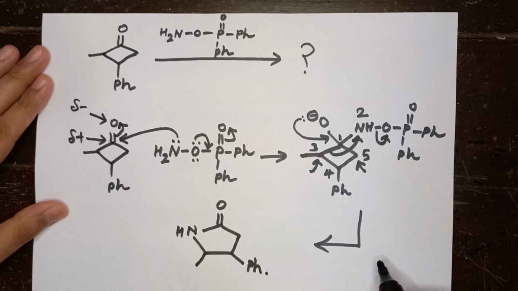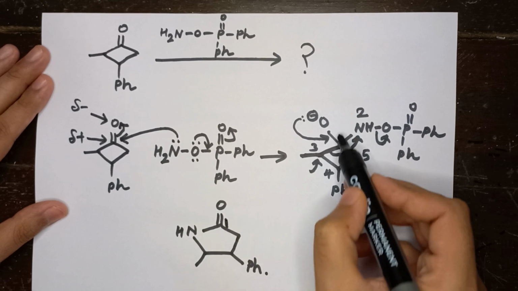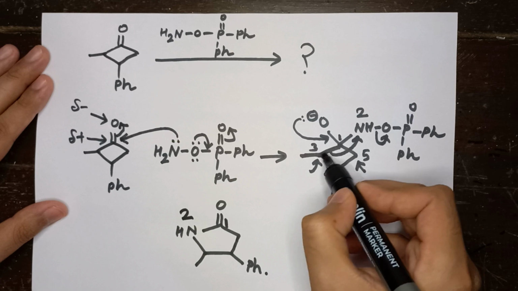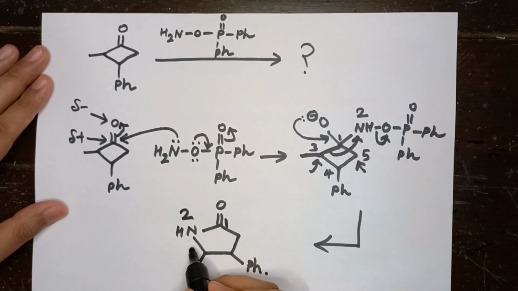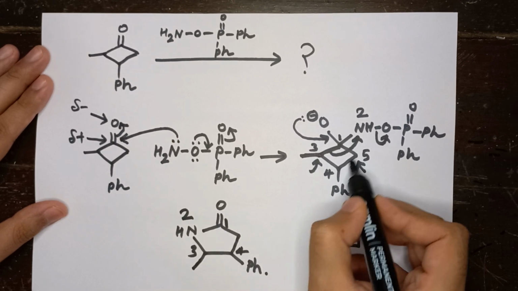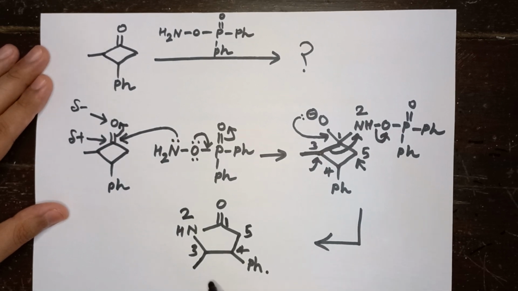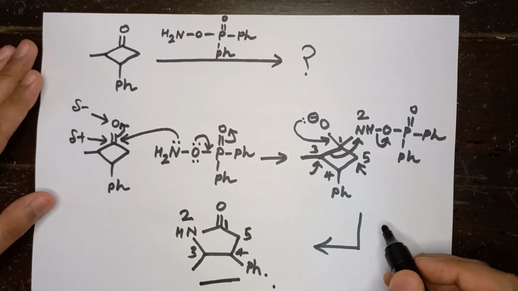So this will be the product. This is my carbonyl carbon number 1 that is bonded with NH number 2. This particular bond has migrated towards nitrogen, so this carbon gets number 3, which has this methyl group. 3 is bonded with 4, which has this PH group, and 4 is bonded with 5, which is CH2. So this is the product for this particular reaction, and this is the reaction mechanism.